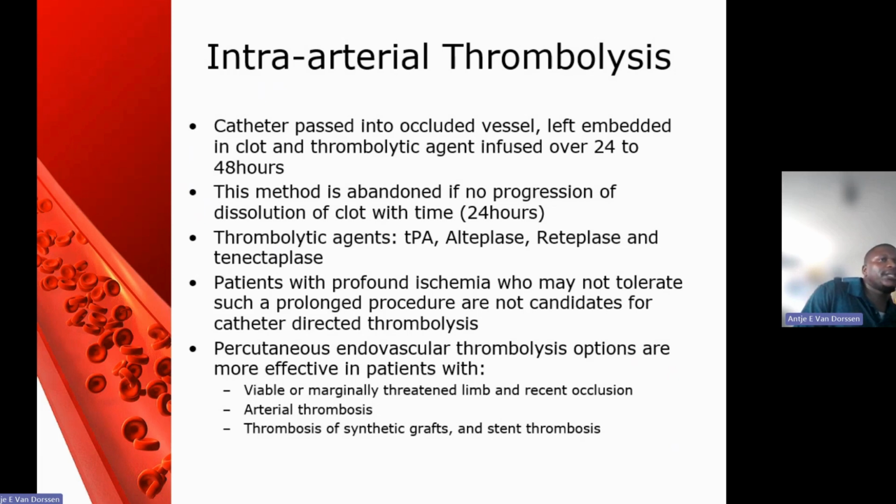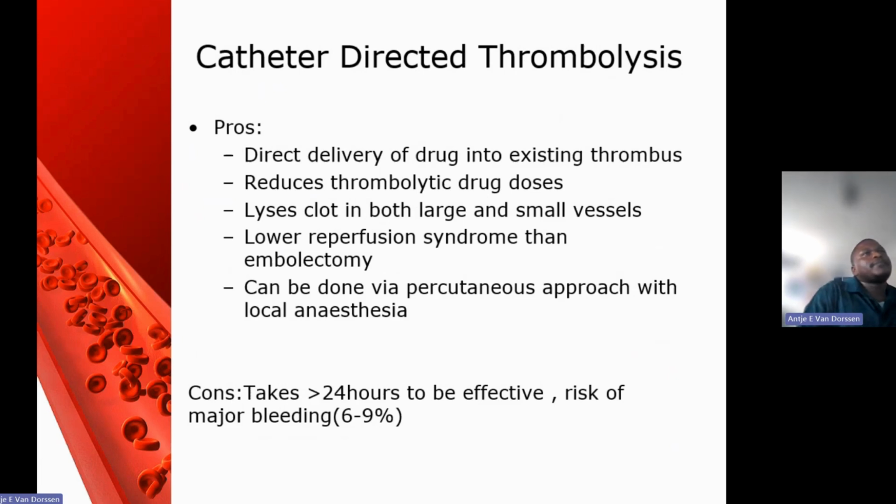Patients with arterial thrombosis, or patients that have a synthetic graft and have now developed thrombosis. If the patient has stent thrombosis as well, they would benefit from an intraarterial thrombolysis. And then catheter-directed thrombolysis, or CDT.